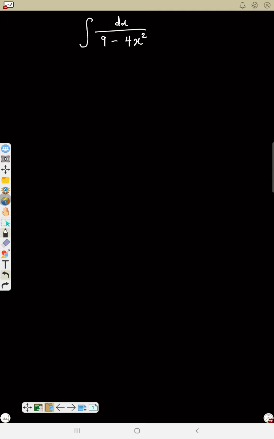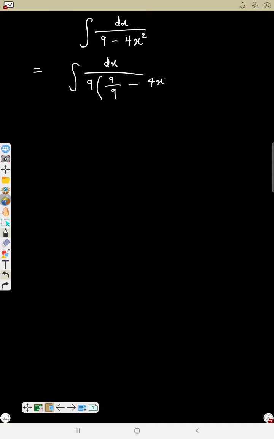Integral of this. Now I want to factor out 9. This will be ds divided by, so if I say 9 is common here, that means I'll have 1 minus, let me show the parts. So that means I'm dividing everything inside by 9.